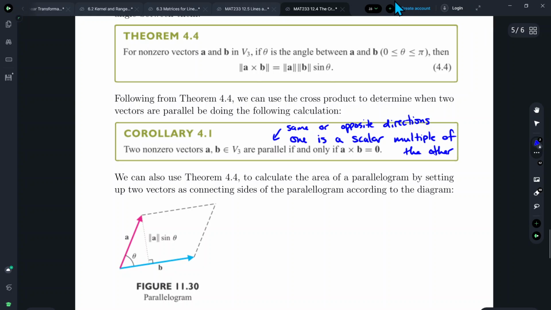We're also going to apply this formula to calculate the area of a parallelogram.